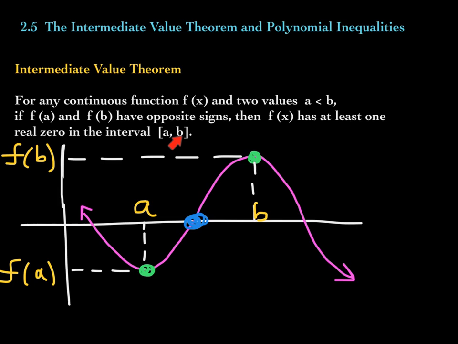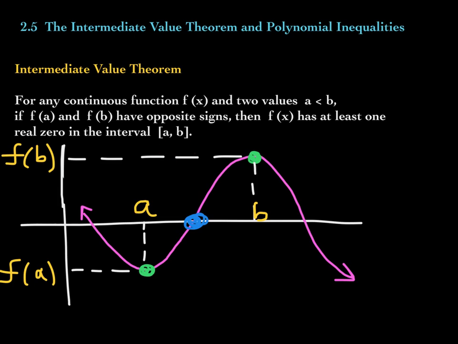If you can show that you're getting opposite signs when you plug in these endpoints, then you have proven that there exists at least one real zero between those endpoints.